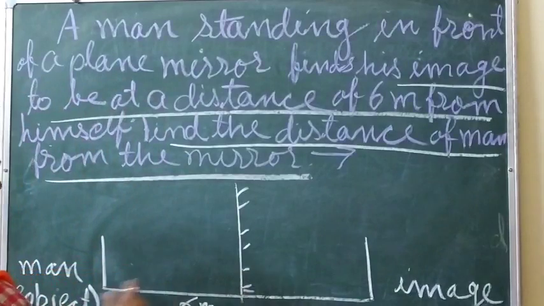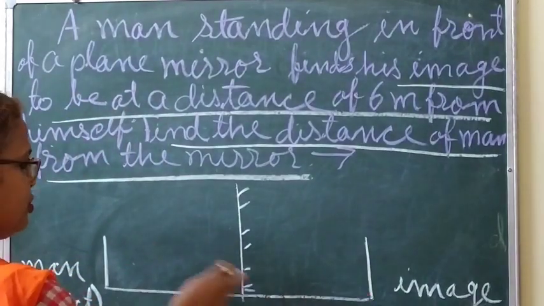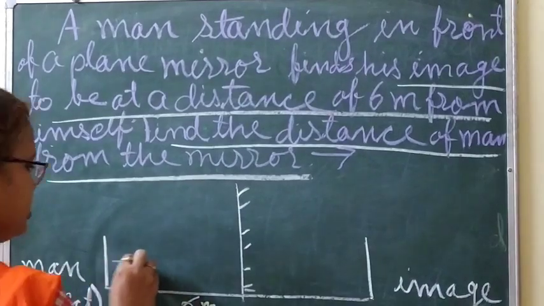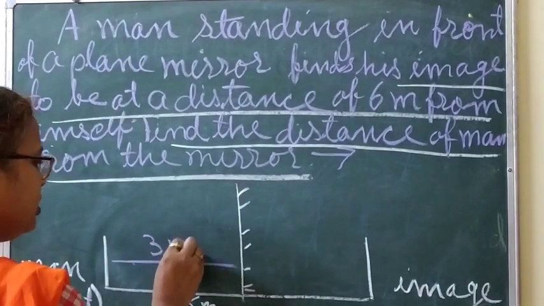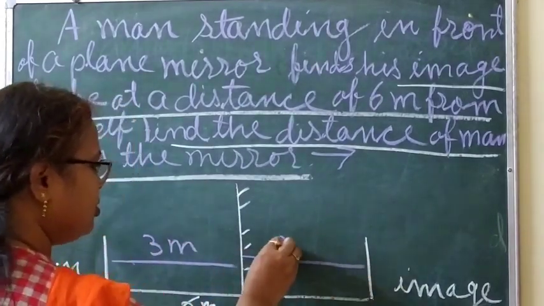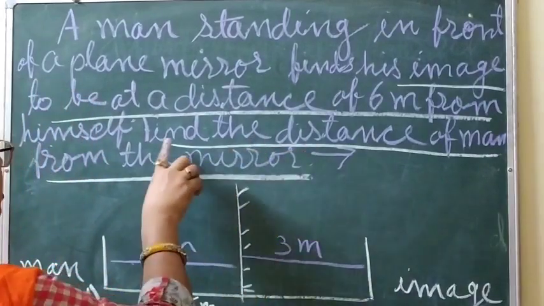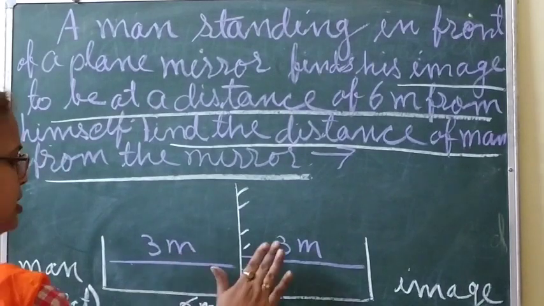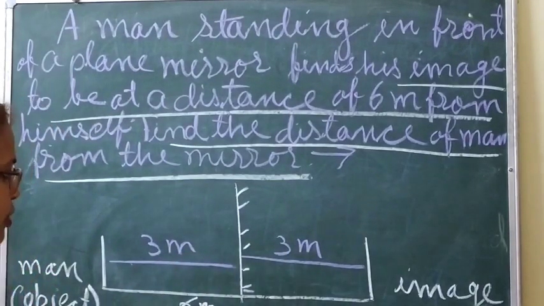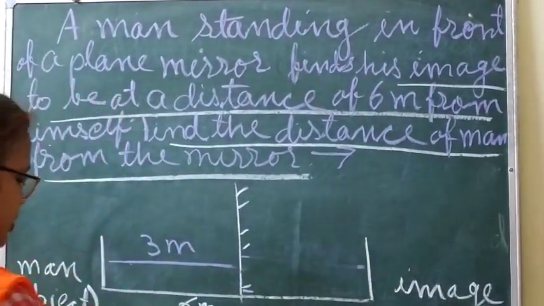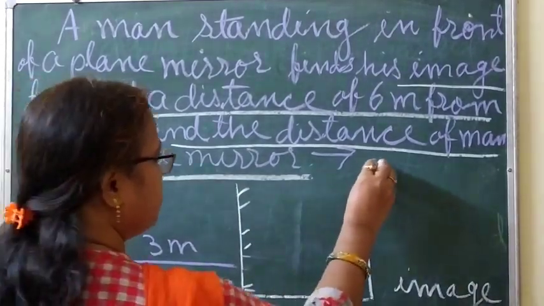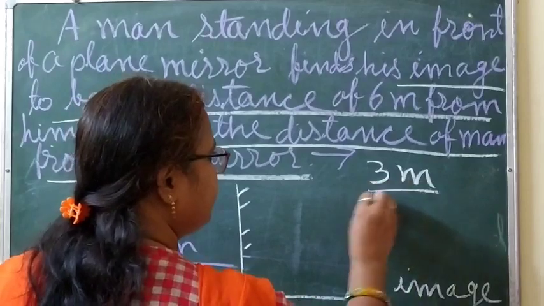And this total is 6 meters, so this distance will be 3 meters, and this distance is also 3 meters. You have to consider only this part, not this part. So the answer will be 3 meters.